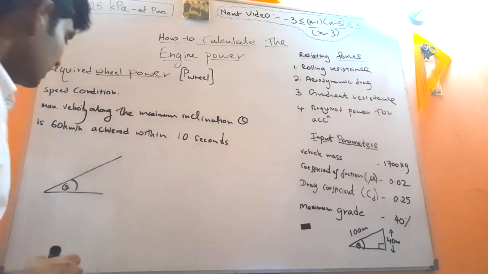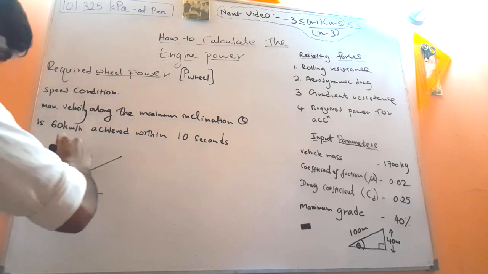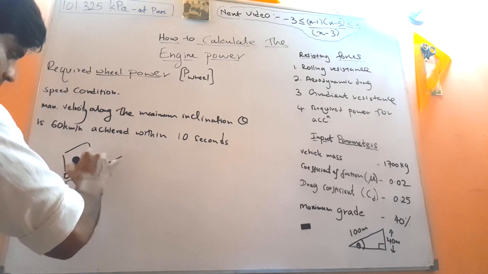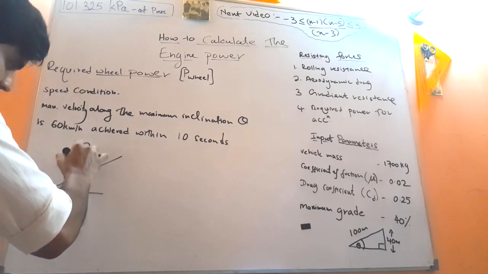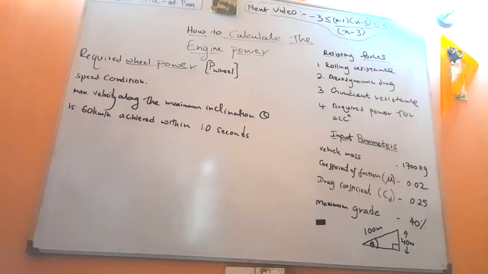This is our inclination theta, this is the road. Now I will sketch the automobile. This is mg, the weight.